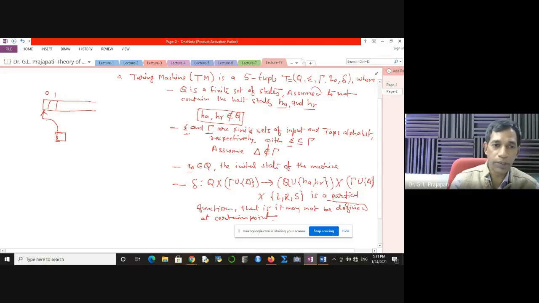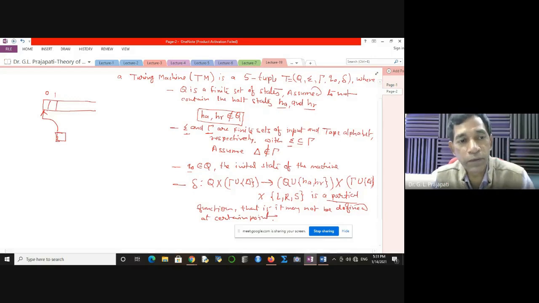The left move is not defined once your tape head is at square 0. This is one example where the transition function is not defined.